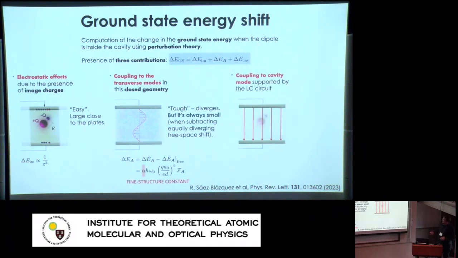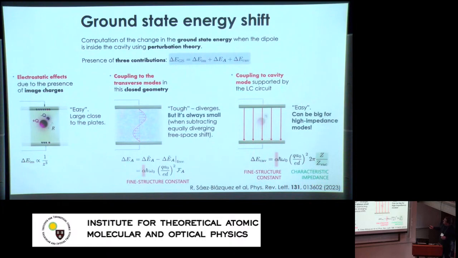And what we find is that this correction is always small, basically because the fine structure constant is small. So this is the dipole moment, if you want. Here we scale it compared to the frequency, and this is a number that depends on exactly where you are in the cavity and so on, but is below 1 usually.